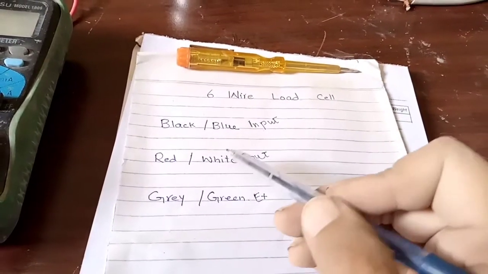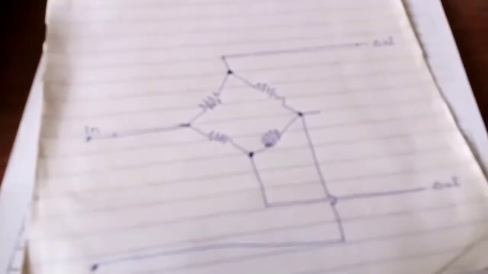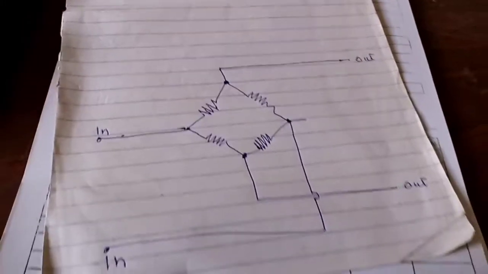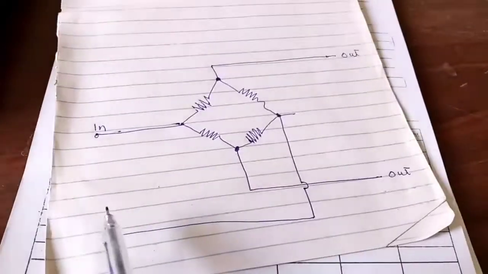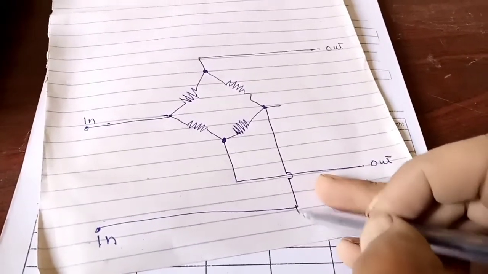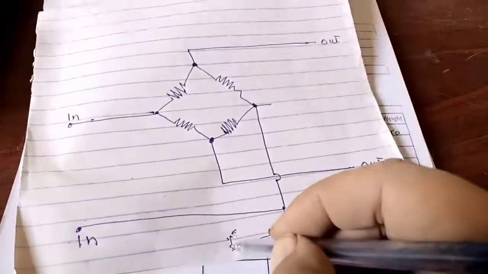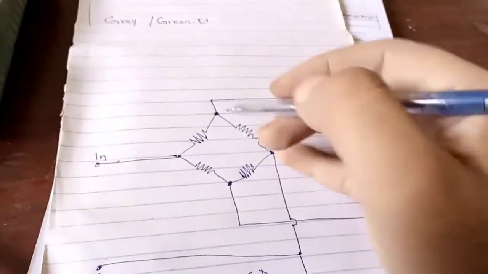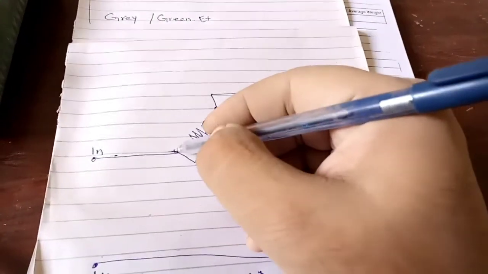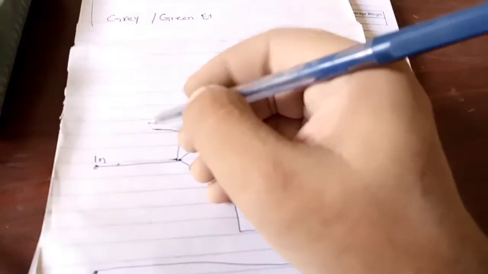In 6-wire load cells, input and excitation are common wires like this one. You can see here, these are its input 2 wires, and these are jumped with the excitation wires. You can write here excitation and also input, positive excitation, negative excitation.